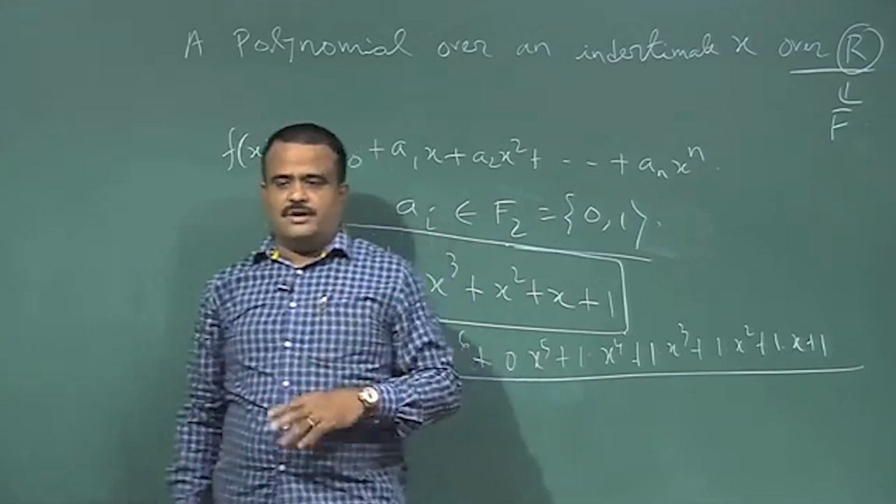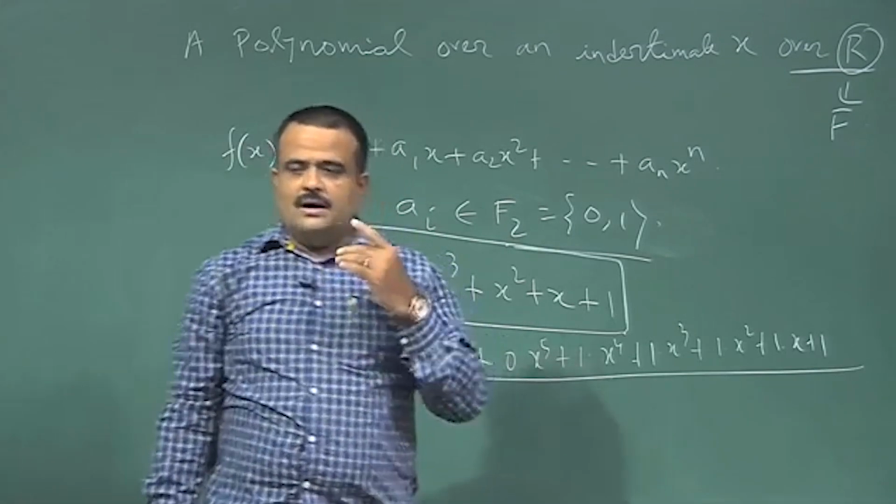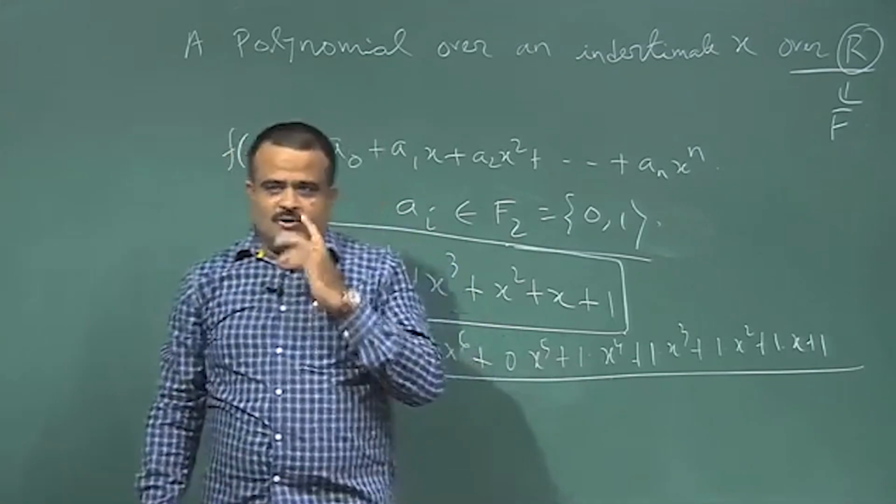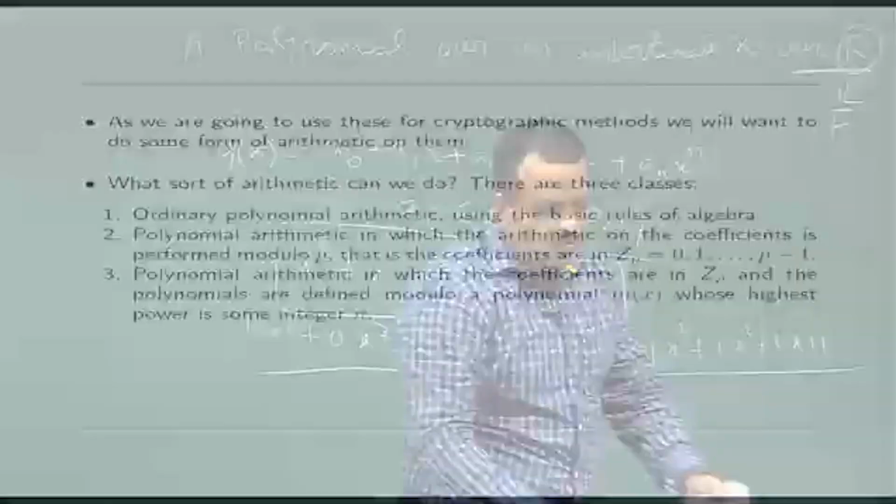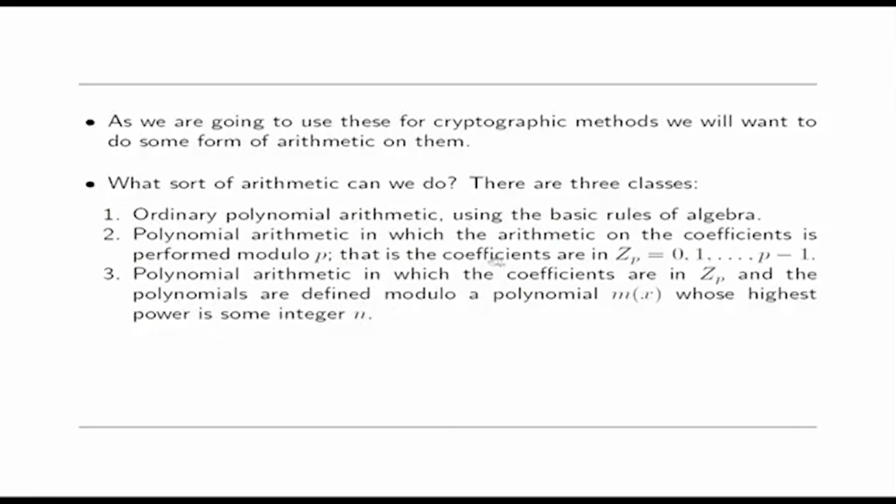So those are polynomial arithmetic: addition, multiplication, division. Here ordinary polynomial arithmetic means the coefficients are real numbers, coming from the real number field. Now, the polynomials we will talk about for our cryptographic purpose are over Zp.